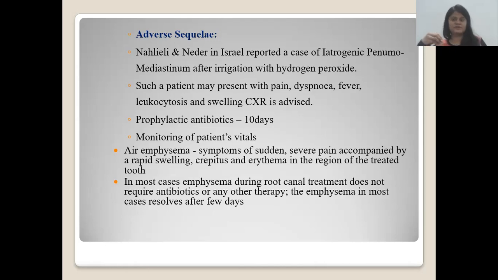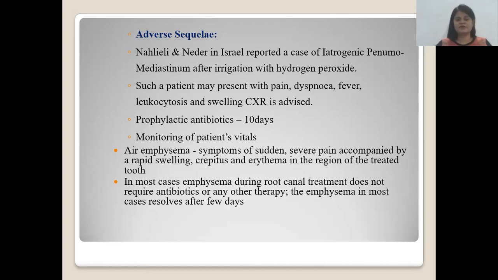Whenever you see such a patient with pain and dyspnea, a chest X-ray is advised for confirmation. Prophylactic antibiotics are provided for around 10 days. Monitoring of the vitals of the patient has to be done to assess the stability of the patient.